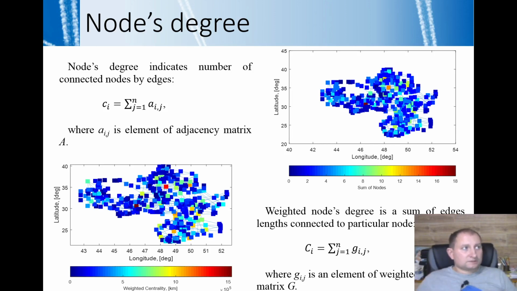First of all, it is nodes degree, which indicates number of nodes connected by edges, which can be calculated by quite simple formula, where A is an element of adjacency matrix A. And finally, we can obtain a picture like that, which shows us nodes which are connected the most in the network.